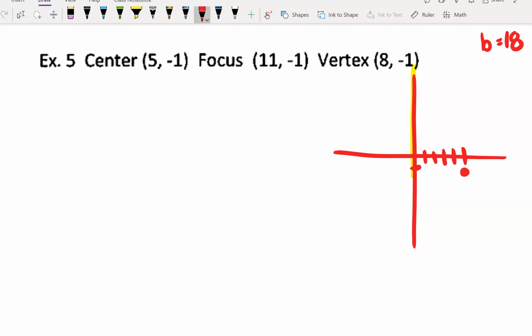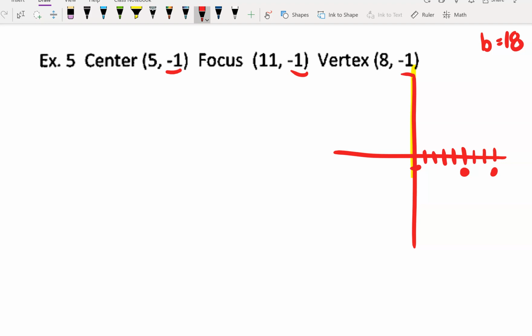(8, -1). So let's see, 1, 2, 3, 4, 5, 6, 7, 8, -1. I notice here that the vertex, actually all of these, and I didn't notice this before, have y values of -1. So those haven't changed. Those are constant.